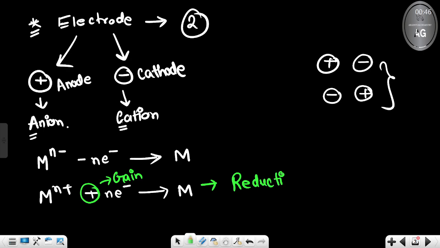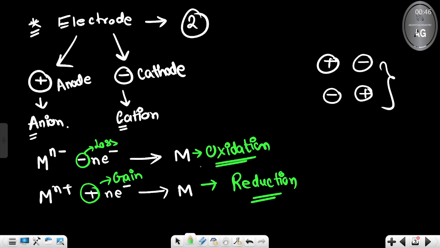And this is a loss of electrons, so I will call this oxidation. This is the easiest way to remember actually. Which side what will happen? This is loss of electrons, this is gain of electrons. So this is reduction, this is oxidation. You have to know that loss of electrons is called oxidation, gain of electrons is called reduction.